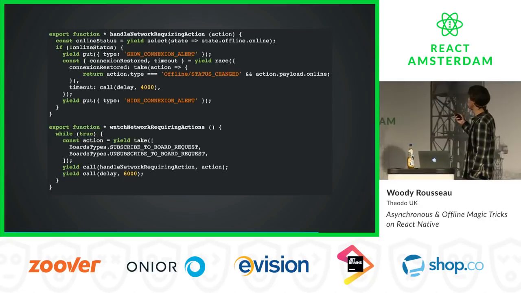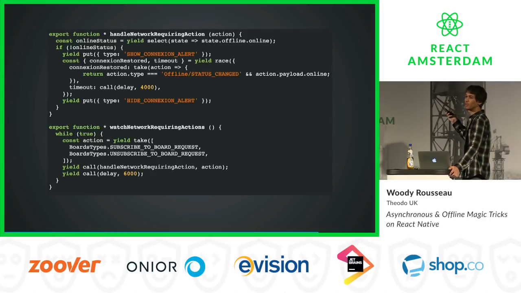Then what I want to do, if I receive one of these actions, is to call another generator function that is going to do this whole action dispatching side effects. And then I want to wait before going back to the beginning of the while true, because I don't want this to appear all the time. So for instance, here, I'm just calling delay with a fixed 1000, and this is not going to go back there until 6 seconds. So this allows me not to have this show up every time.